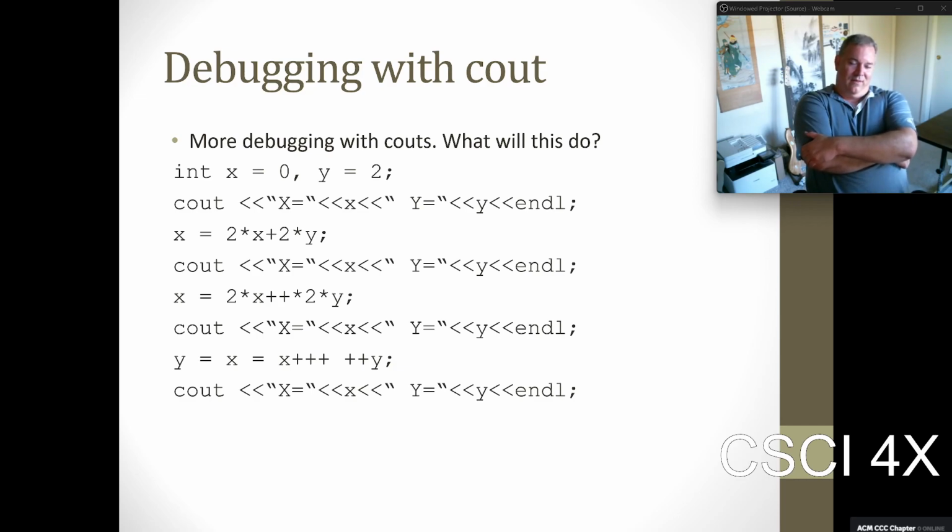So let's say x was 32, x plus plus plus plus plus y. What's the value of x going to be? What's the value of y going to be? X is 32, y is 2.